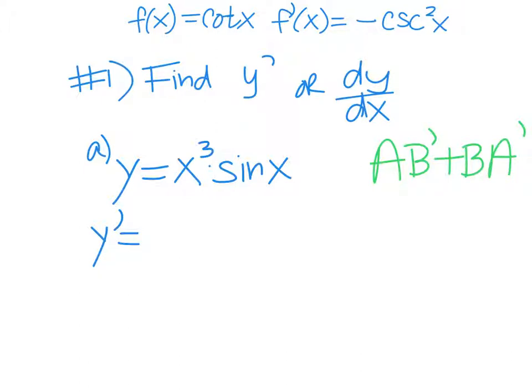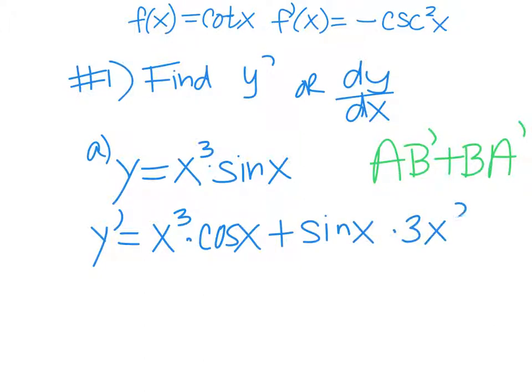So think of this x cubed as being a and sine x as being b. So we're going to do a, which is x cubed, times b prime. And what's the derivative of sine? Cosine. That's the one you won't forget. Derivative of sine is cosine. Plus b, which is sine x, times a prime, which is 3x squared.